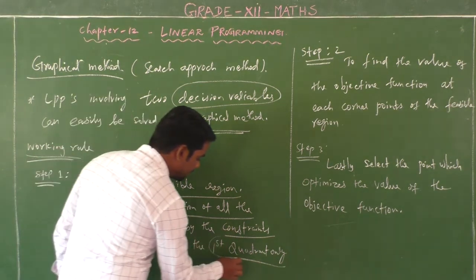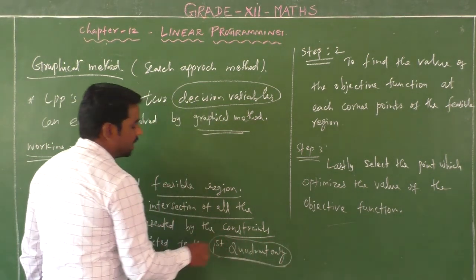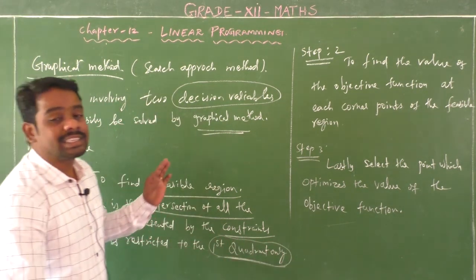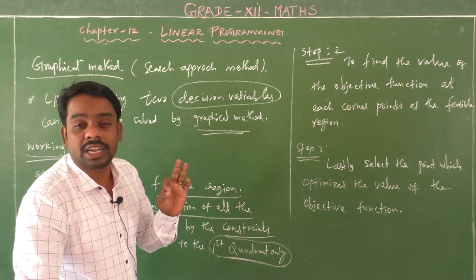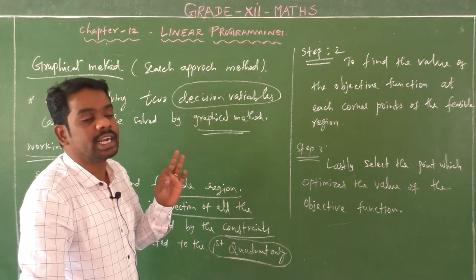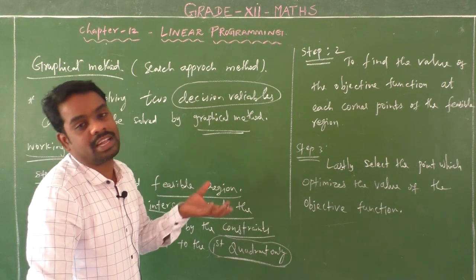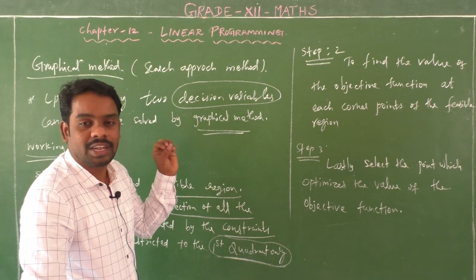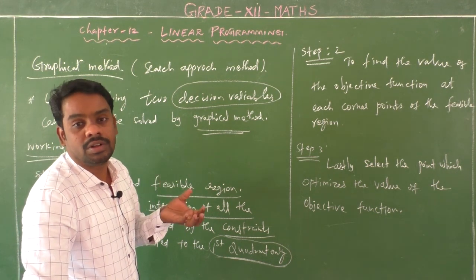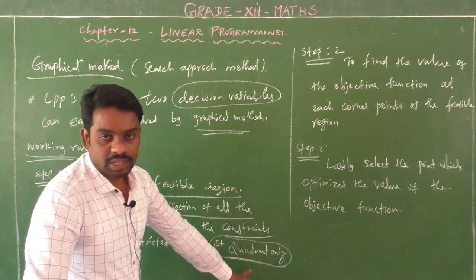Listen, the xj's are also greater than or equal to 0. So non-negative restrictions mean all are positive, so x, y, z any variable. The given decision variables are also non-negative, so only the first quadrant.